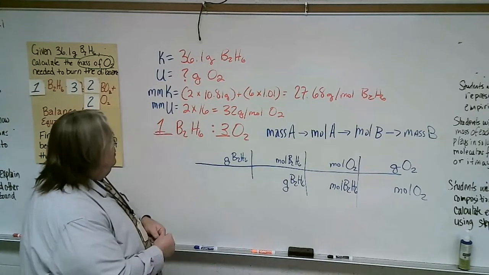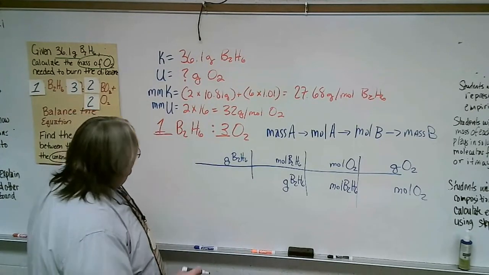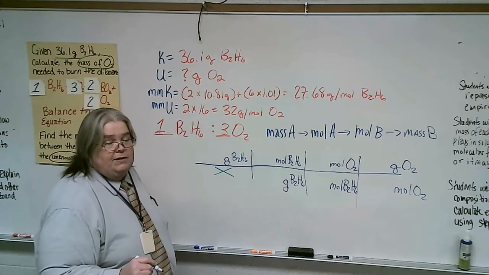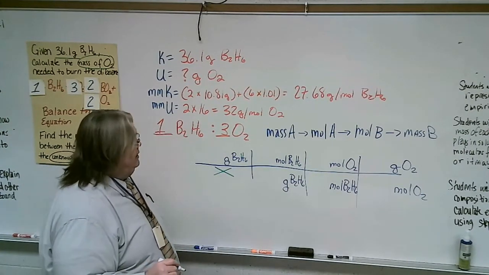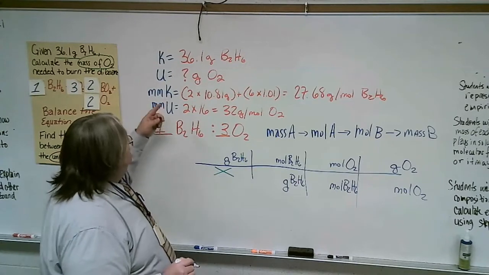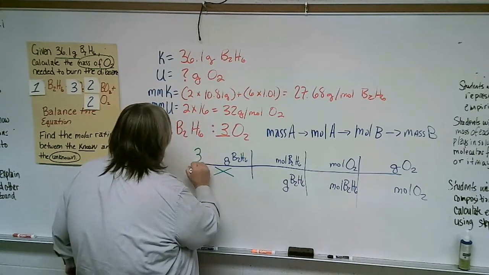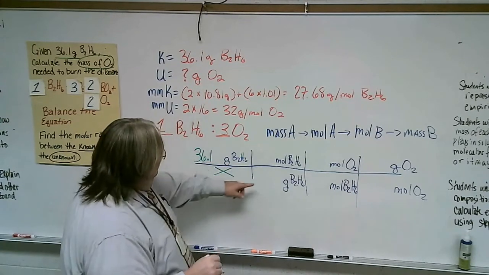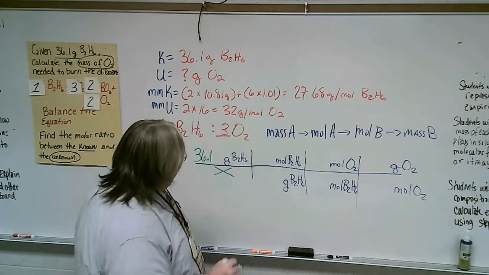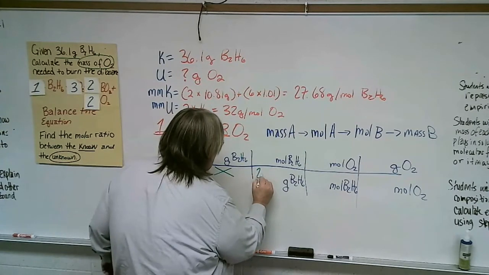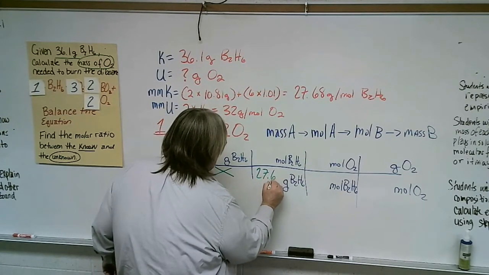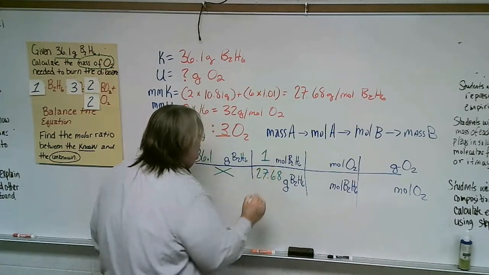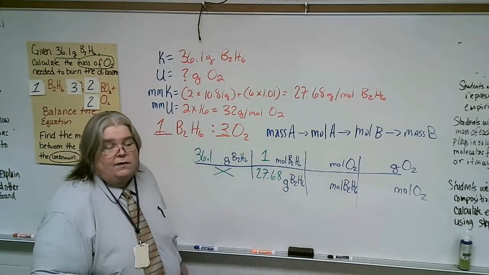Okay, so let's put some numbers in. Since we are not doing double dimensional analysis, we could just put an X there or a 1. So we have 36.1 grams. We calculated the molar mass as 27.68, and that is for 1 mole of diborane.